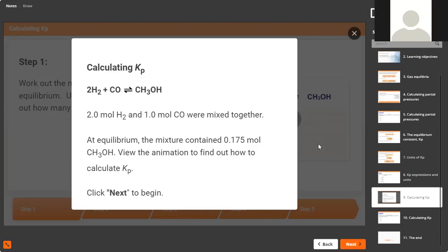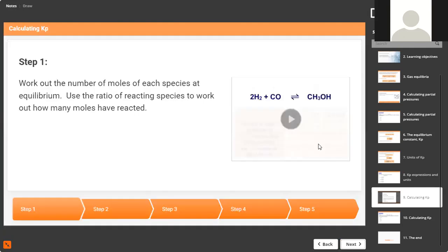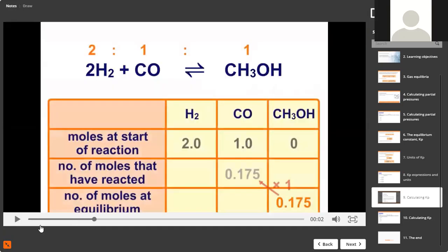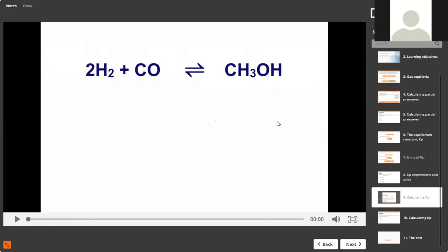So step 1, the first thing we want to do is work out our number of moles of each species at equilibrium. We're going to use the ratio of reacting species to work out how many moles have reacted. So we've got 2H2 plus CO, making CH3OH.